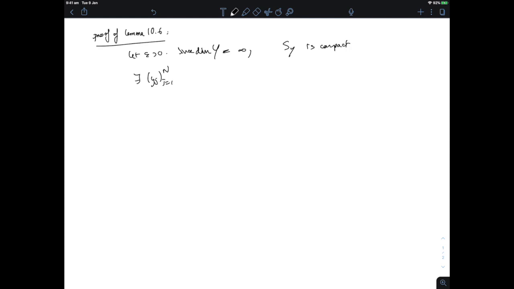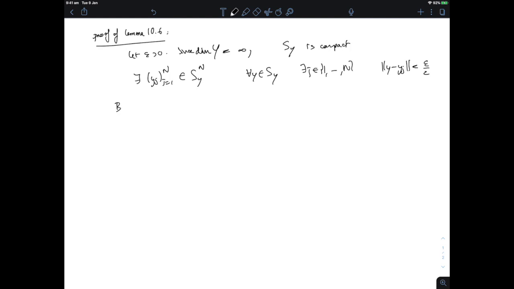So I have that there exists a sequence y_j in the unit sphere of Y, such that for every y in the unit sphere, there exists a j between 1 and n, such that y is close enough to y_j, and let's make close enough epsilon over 2. We'll see that this is neater than if I take epsilon at this stage.